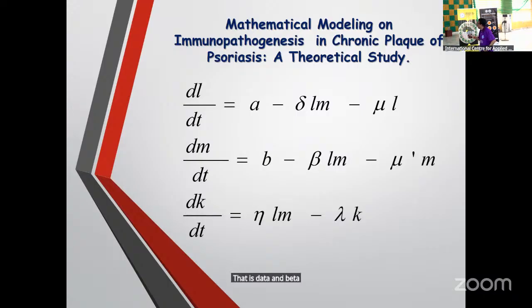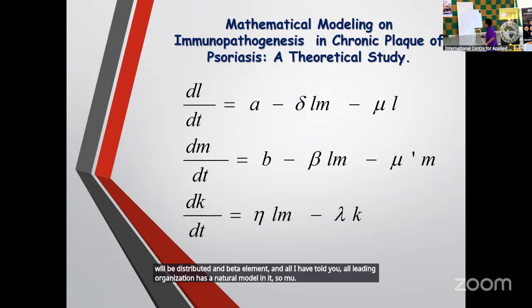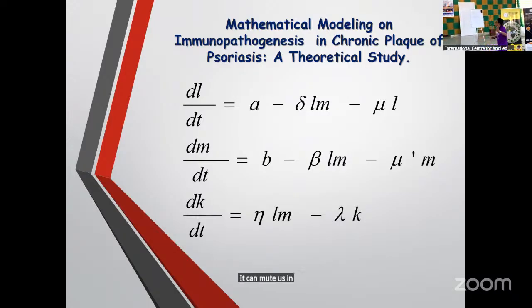Considering the law of mass action, the terms will be delta LN and beta LN. And as I told you, every living organism has a natural mortality rate. So mu L and mu dash L are respectively the mortality rates of T cells and dendritic cells.